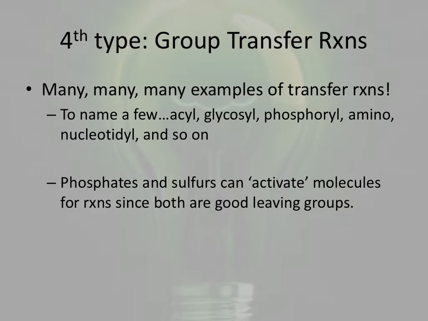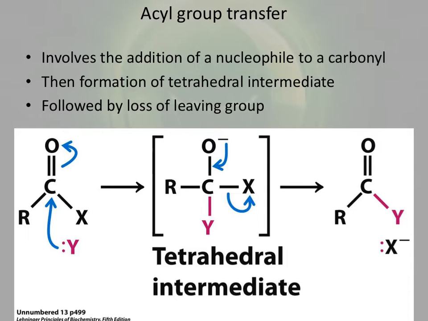So, for one example, we have the acyl transfer. This I would expect you should remember from organic chemistry. An acyl group is a good electrophile. We have a nucleophile of some sort, either neutral or negatively charged. Smack.